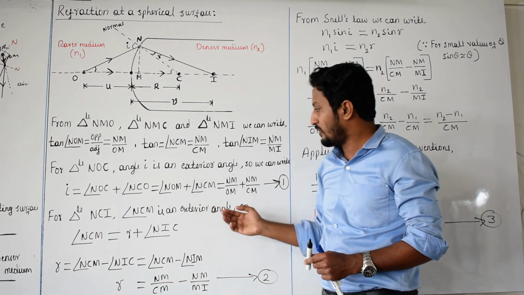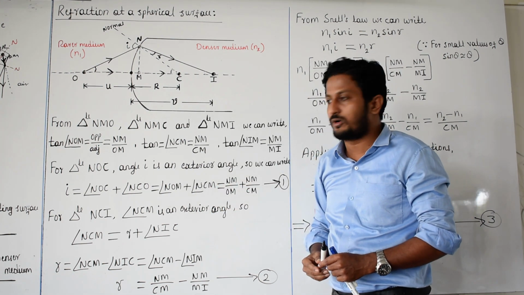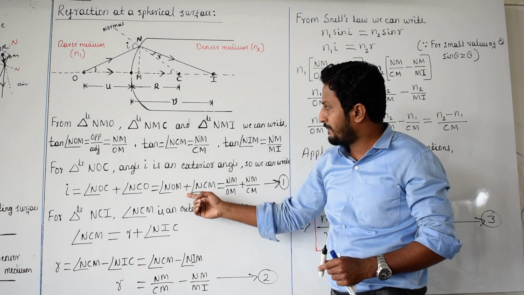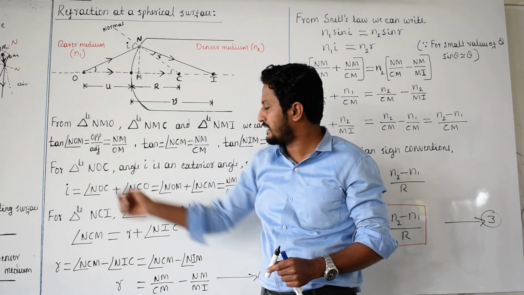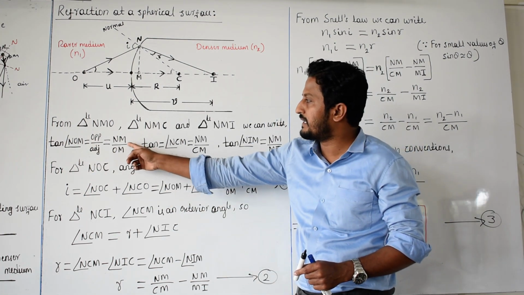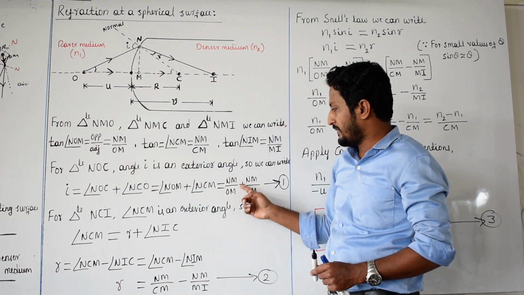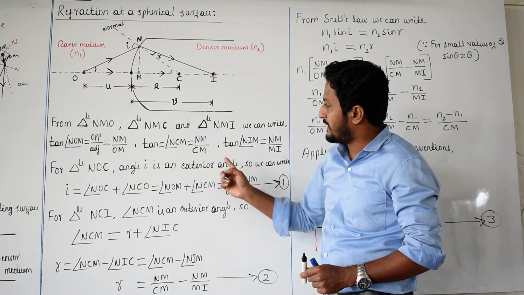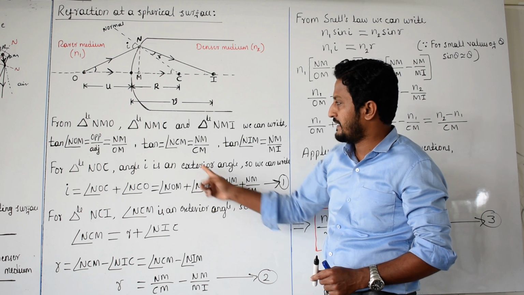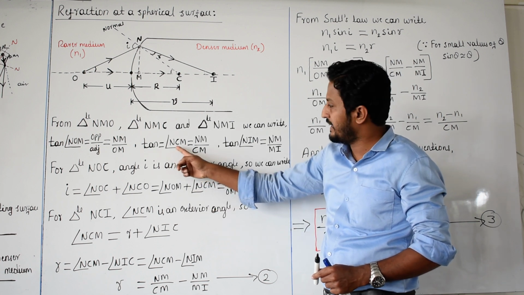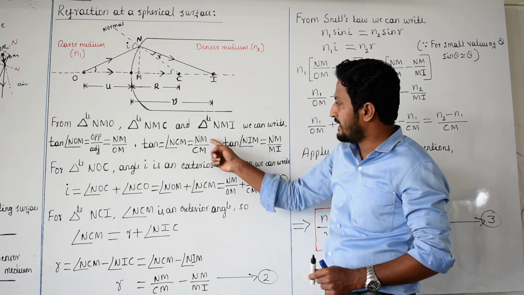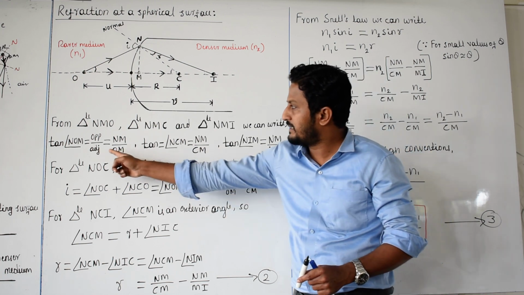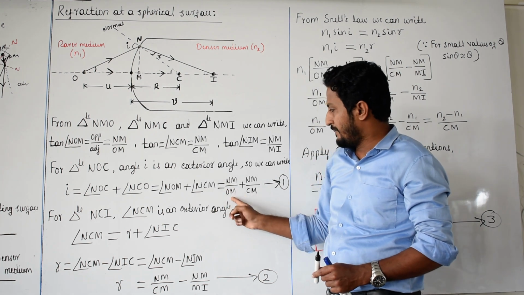Then that is equal to, from the previously obtained values, angle NOM, which is nothing but NM by OM, plus angle NCM, which is nothing but NM by CM.